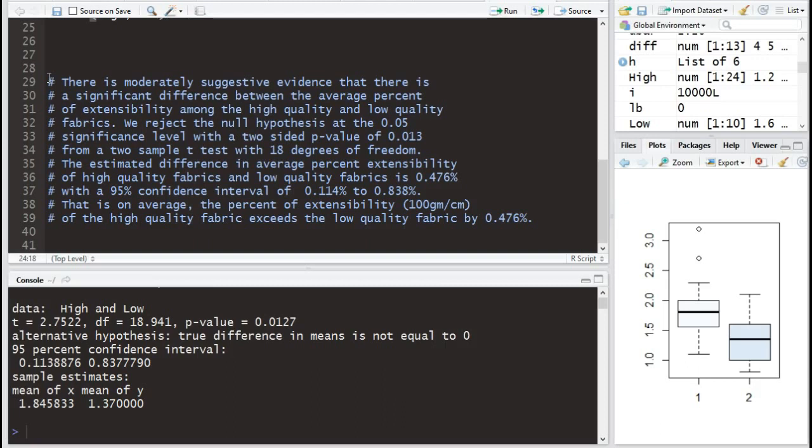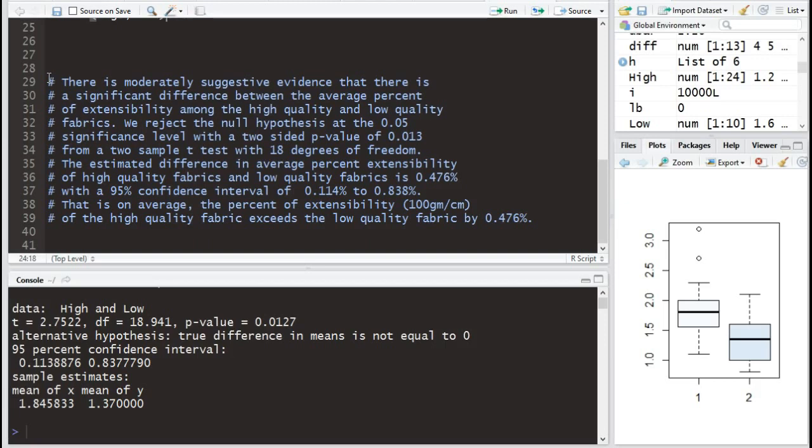And lastly, the estimated difference in an average percent extensibility of high quality fabrics and low quality fabrics is 0.476%, so that's the units, with a 95% confidence interval of 0.114% to 0.838%. So this on average means that the percent of extensibility for 100 grams per centimeter of the high quality fabric exceeds the low quality fabric by 0.476%.